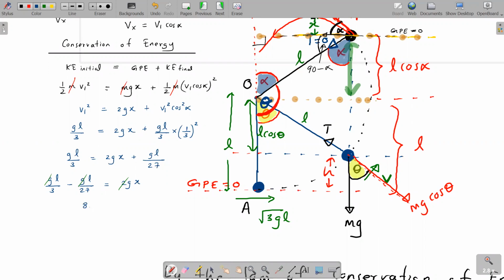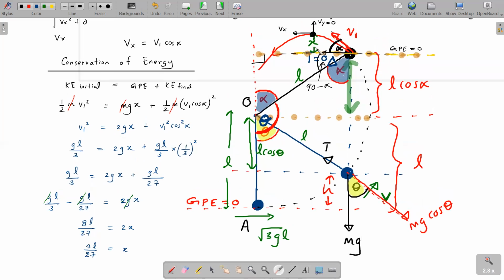Is that correct? 8L over 27 equals 2x. The g cancels out. Dividing by 2, you get x equals 4L over 27. So the x distance is 4L over 27.